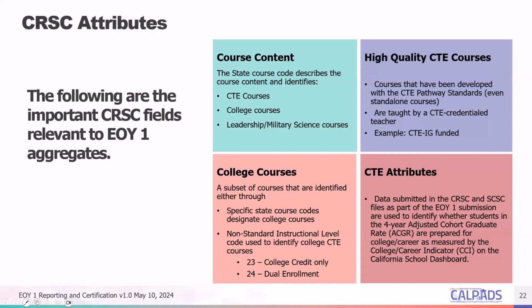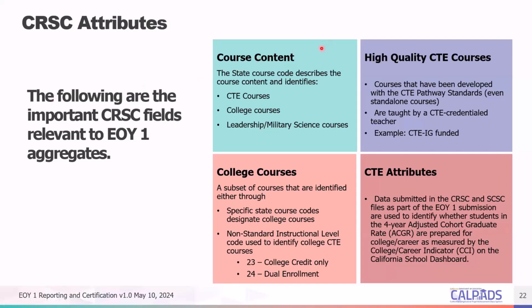This slide contains key fields or attributes to course section completion records, to the CRSC records. And there are 4 key attributes to be mindful of when populating data and reviewing end of year one aggregate reports in CalPads. And they are course content, high quality CTE courses, CTE attributes, and college courses.